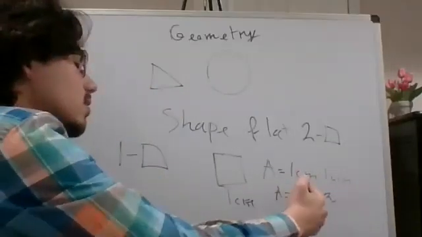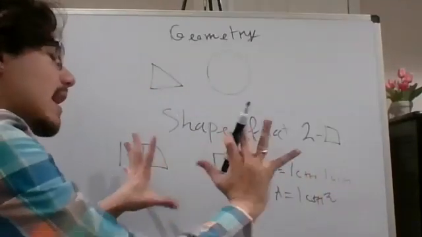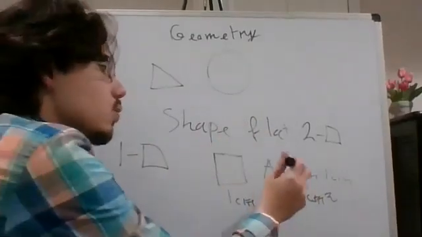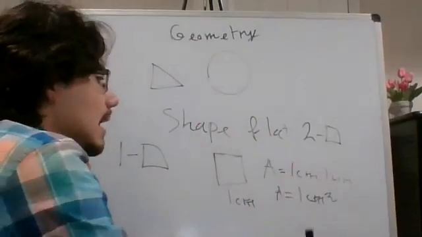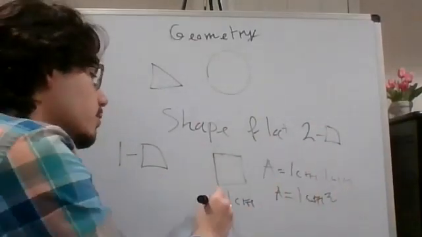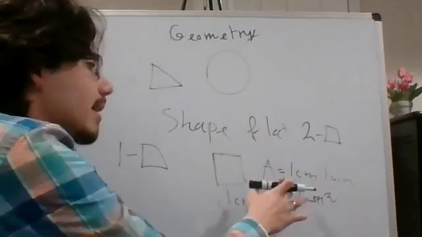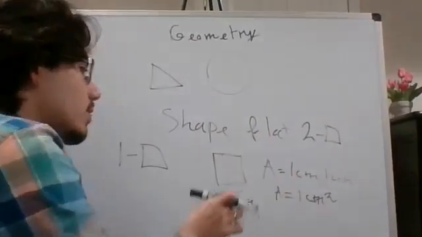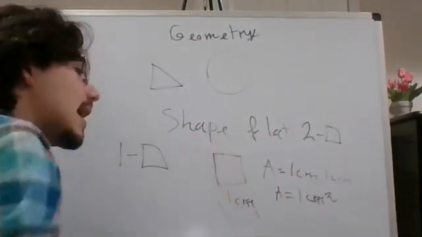If the centimeter is squared, that means it is referring to an area. But if it was just 1 centimeter, centimeter to the power 1, that would refer to the line we multiplied by to find the shape. Because it was length times length, it was this line times this line.